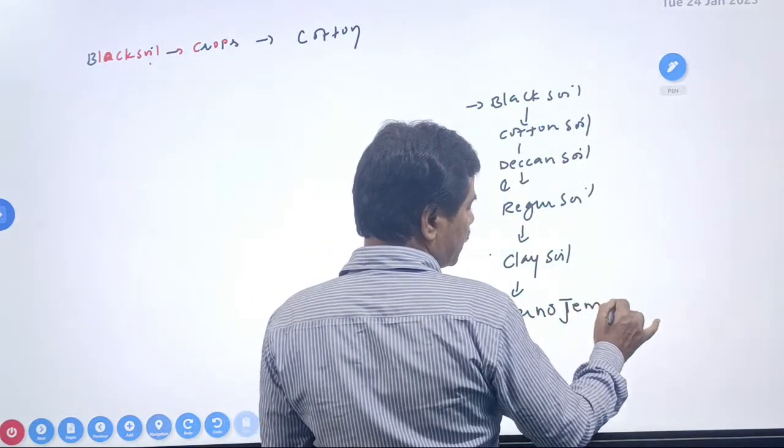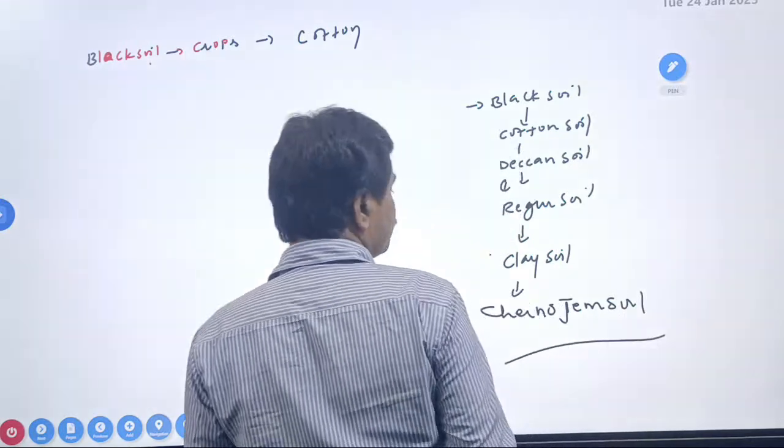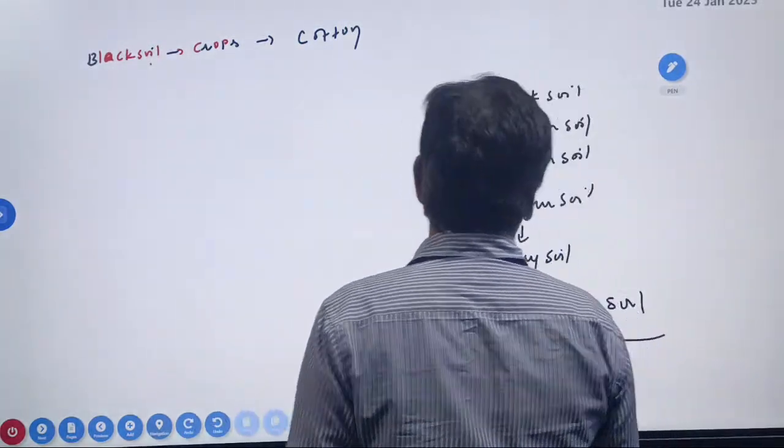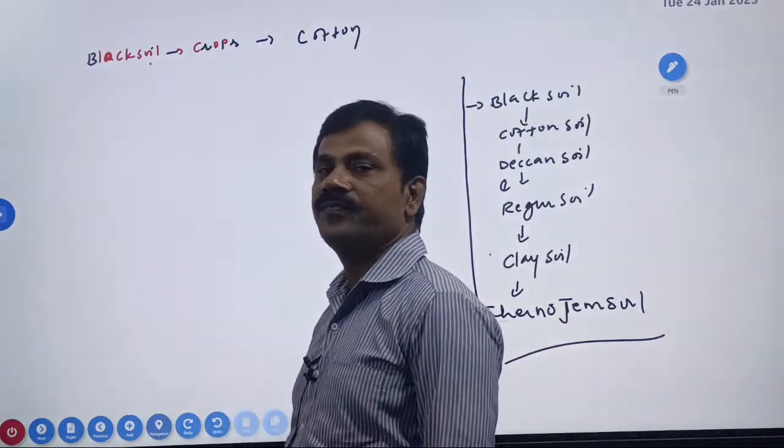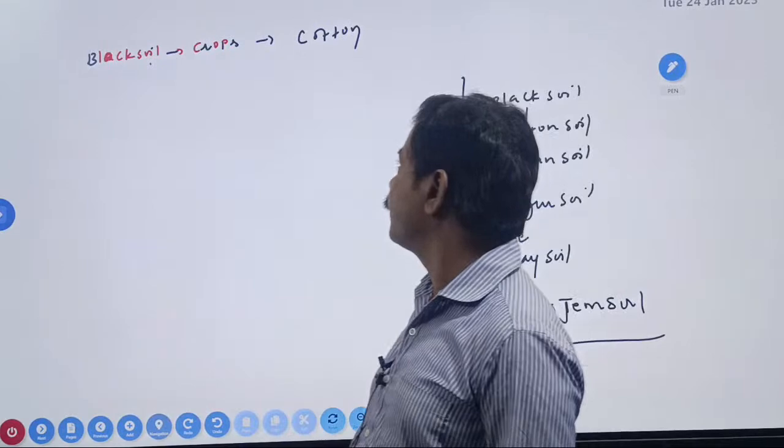Chernozem soil. These are the other names of this black soil.